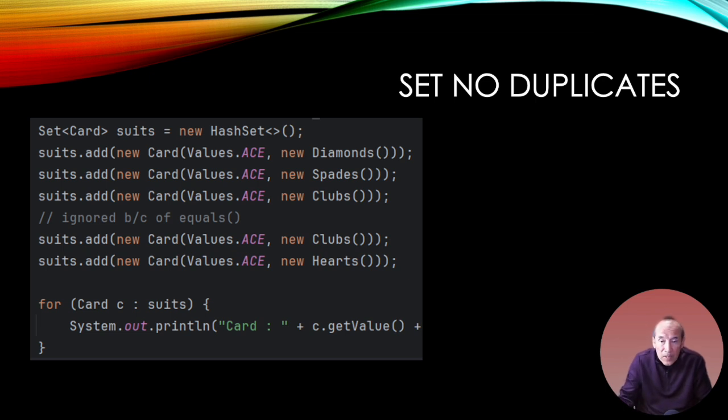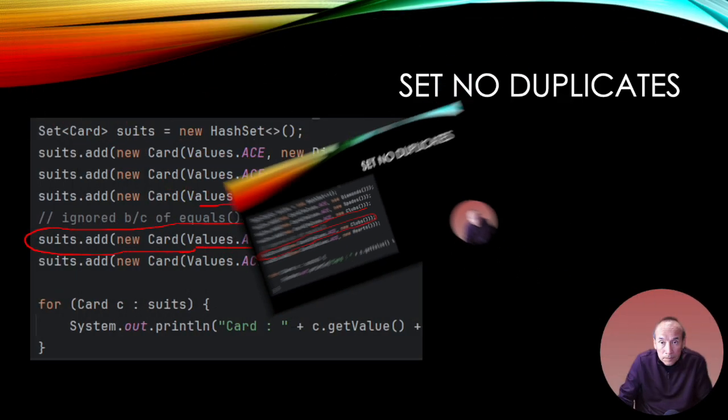So what's going to happen here? When you try to add another ace of clubs, it'll compile, it'll run, but it won't get added. It just gets ignored. So when you do the loop, you won't find any duplicates inside your collection of type set.